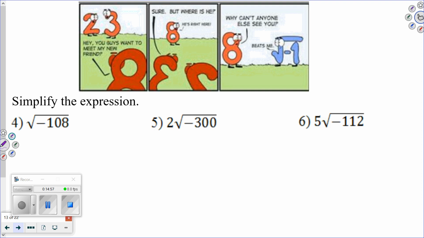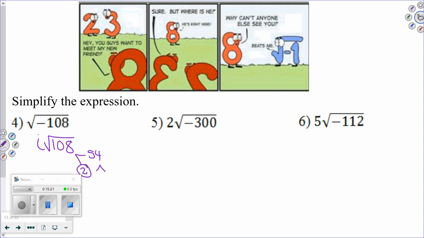So number 4, square root of negative 108. Well, right away I recognize there's a negative, so my answer will have what? An i. So i radical 108. 108 is not perfect, so we'll go ahead and do our factor tree.